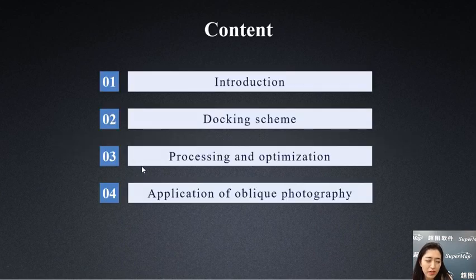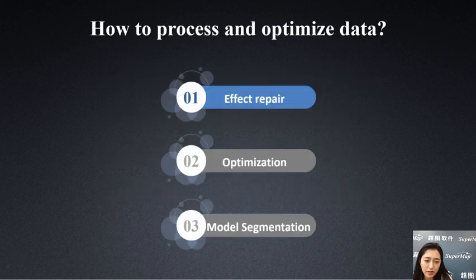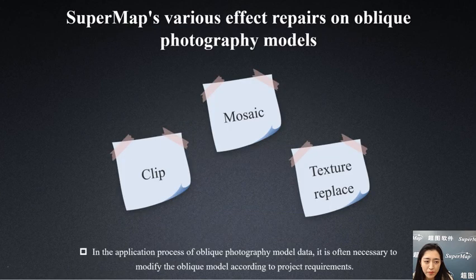Let's look at our third part, the processing and optimization. For the processing and optimization, we have three parts to do. Our first part is defect repair. So what is defect repair?